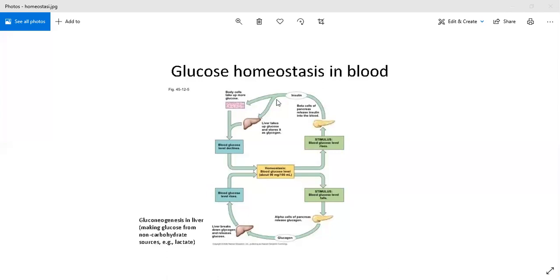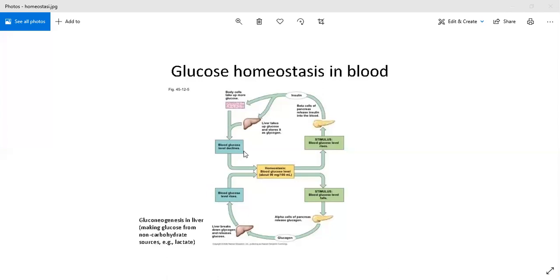But now that there is insulin, insulin will cause the cells to open up and take the excess glucose so that that glucose can be used to generate energy for the cells. And when that happens, the amount of blood glucose in the blood now decreases. So the effect of insulin is that blood glucose level declines.